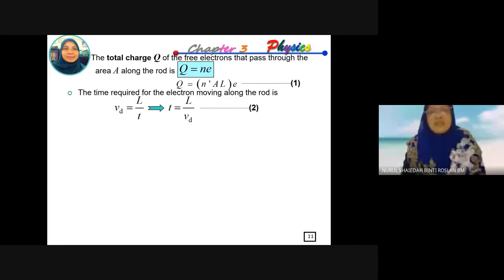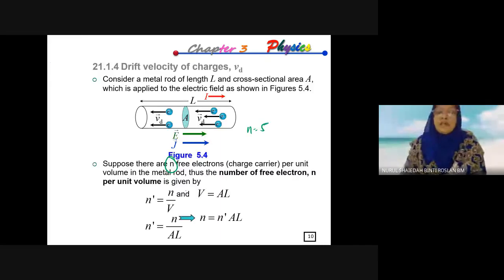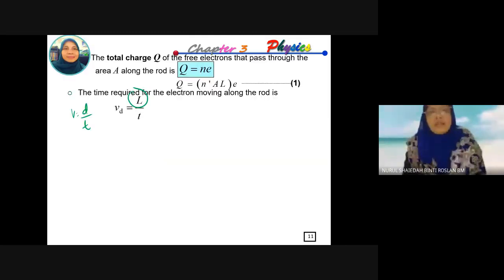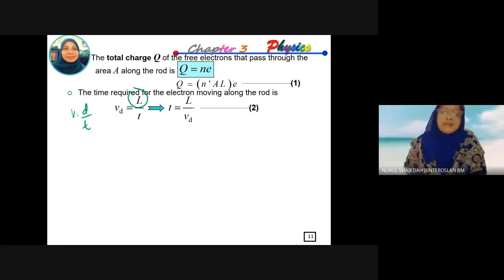From here, velocity equals distance over time. The distance is L. What is L? This is L, the distance. So L equals v times t, so you get time equals L over v.